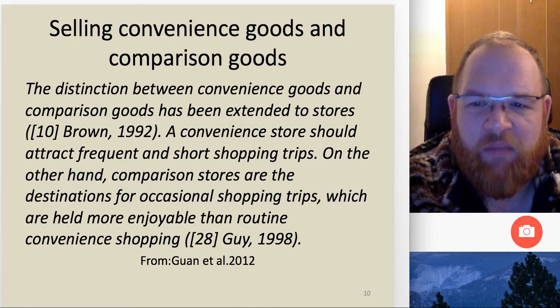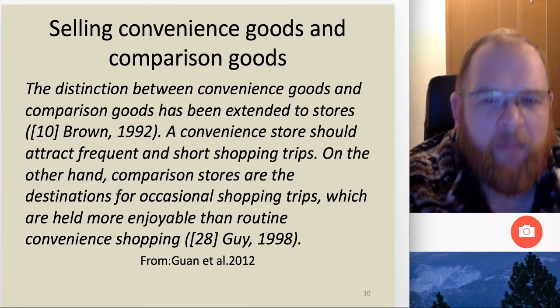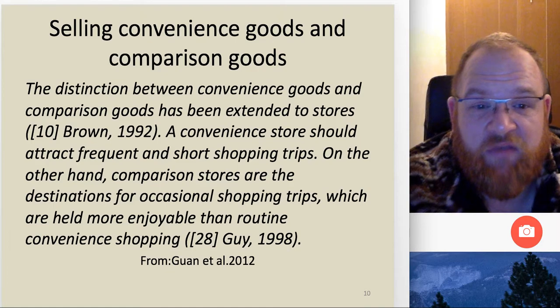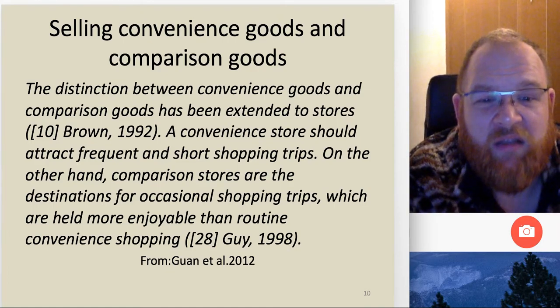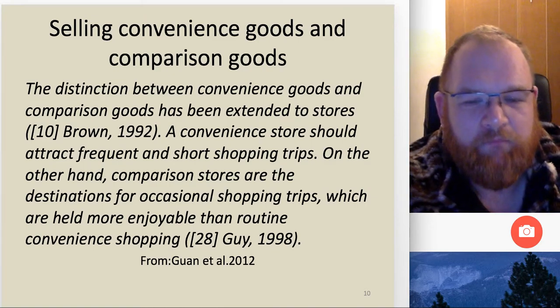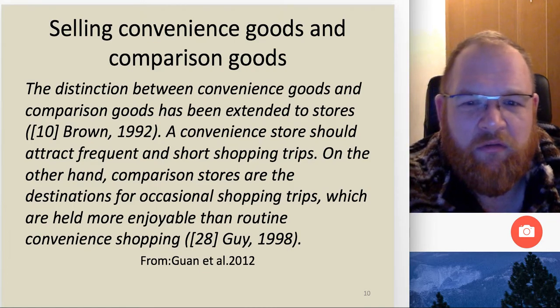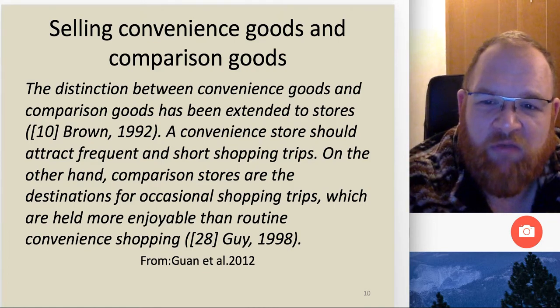So if we just think about selling convenience goods, the distinction between convenience goods and comparison goods has been extended in stores. Convenience stores should attract frequent short shopping trips. And that really is the crux of the issue in terms of when you're defining a store.